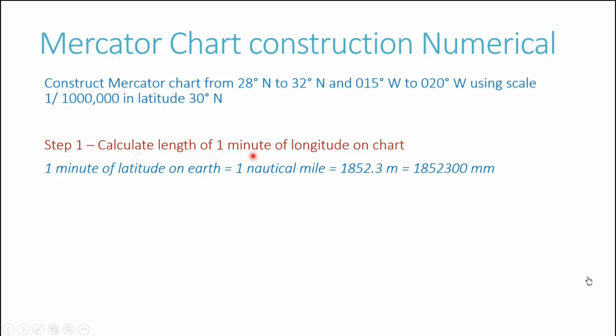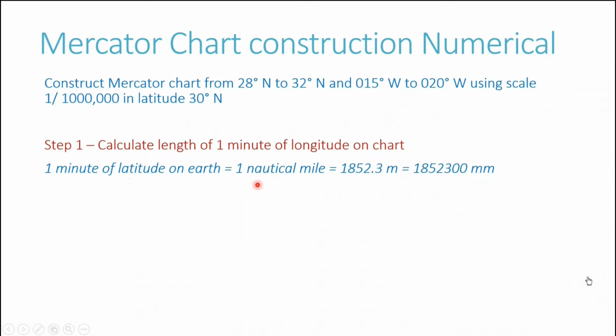Now, how do we calculate the length of 1 minute of longitude? For this, let's see. We know 1 minute of latitude on the earth is equal to 1 nautical mile, which is equal to 1852.3 meters. It's a fixed length.